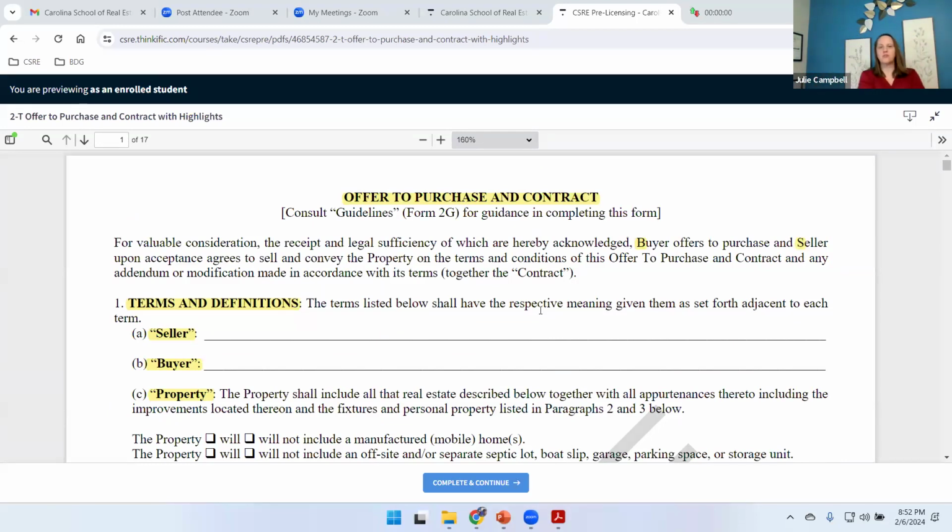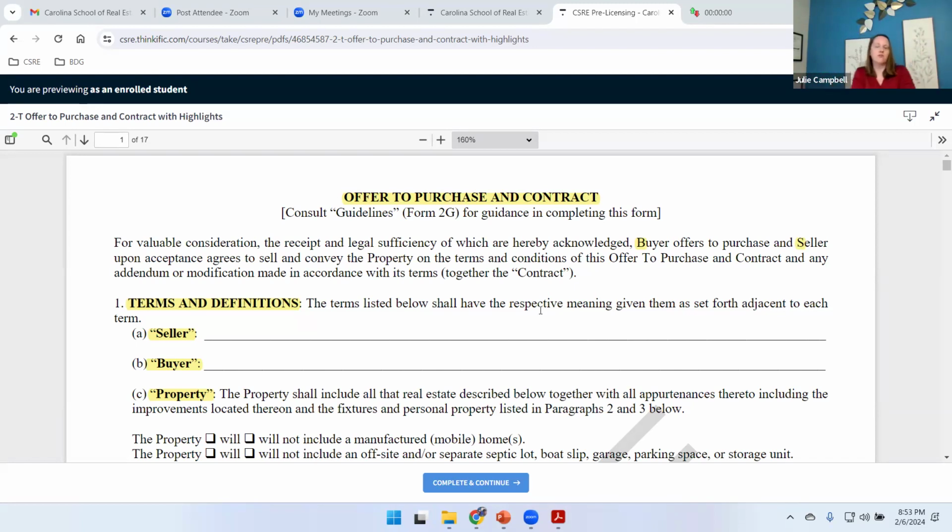I also want to say, this is standard form 2T, which is the most common, the most popular used. The forms committee also provides us with an offer to purchase and contract for new construction. If you're purchasing new construction, I can't have verbiage in there that says this property is being sold in its current condition, like when we're standing amongst studs, right? So we need a contract that makes the builder finish building the property.